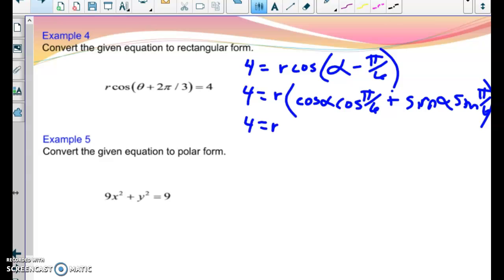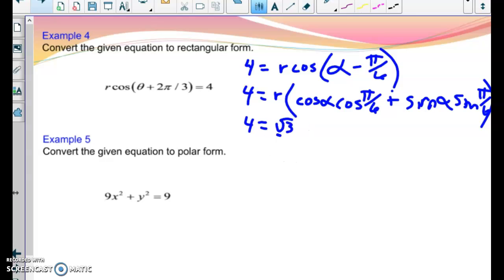The cosine at pi over 6 is square root of 3 over 2, so I'm going to rewrite cosine as the x. Oh, nope, that's not true. So I'm going to rewrite that as, and I'm going to try to distribute at the same time.